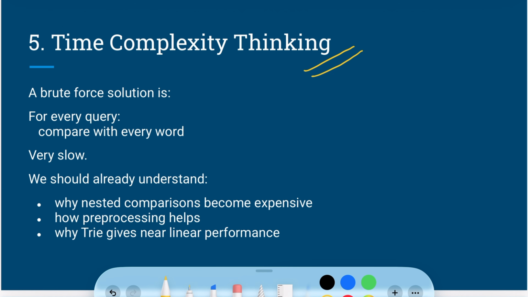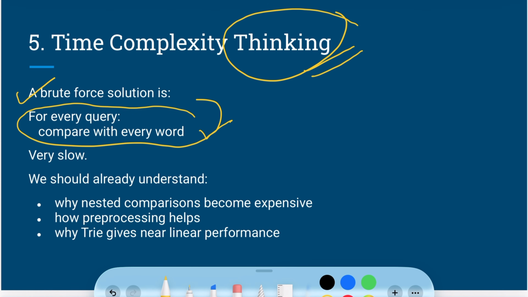Then you should also understand, guys, the time complexity. How will you understand the time complexity and how will you improve your thinking? The very first thing is the brute force solution: for every query you have to compare every word. If there are many queries, in the thousands or lakhs, and many words too, then comparing every word for every query becomes very slow, guys.